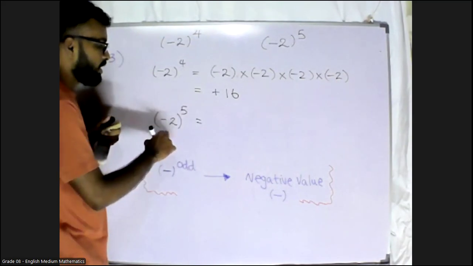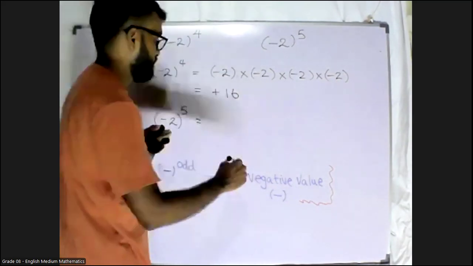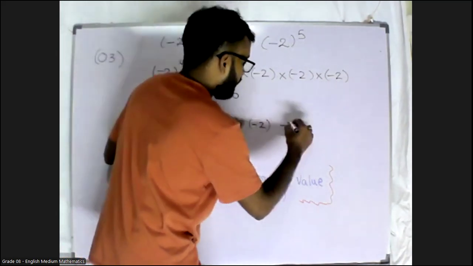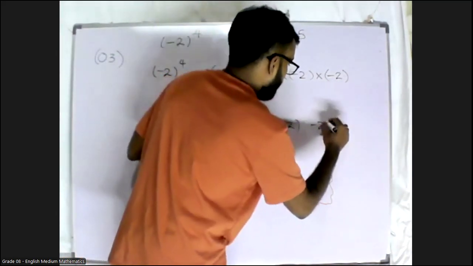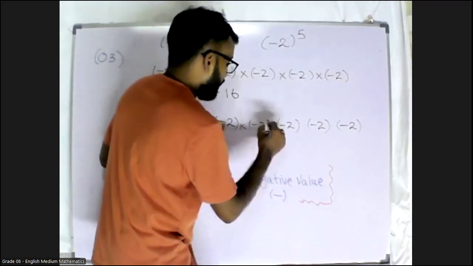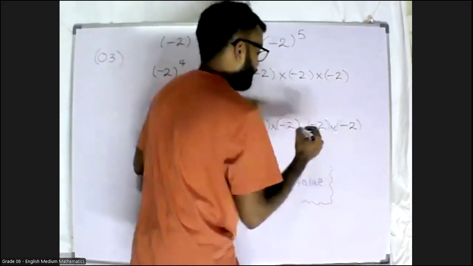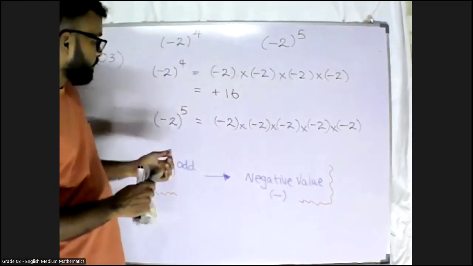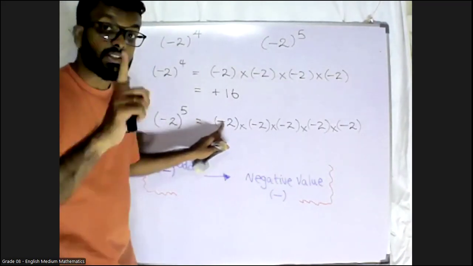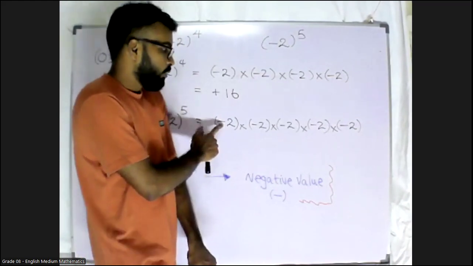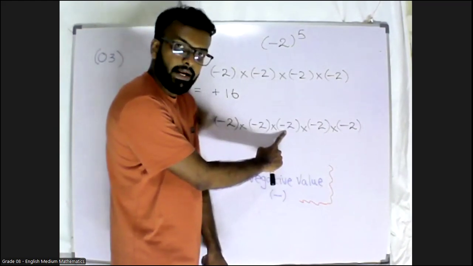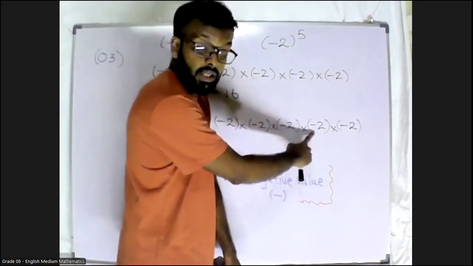How many times should you multiply 2? Repeatedly 5 times: negative 2, negative 2, negative 2, negative 2, negative 2. So I am going to simplify the signs first. Negative times negative, positive. Positive times negative, negative. Negative times positive, negative.